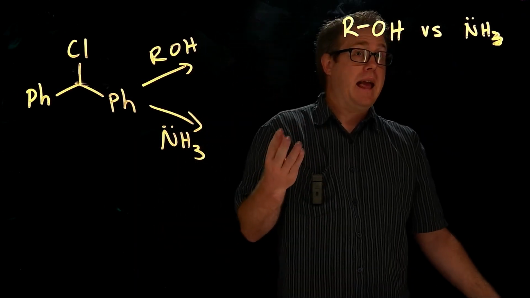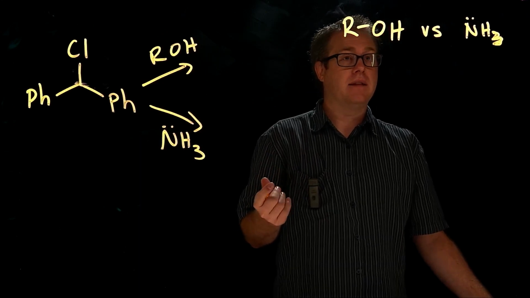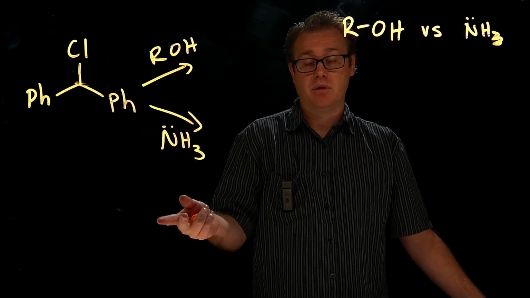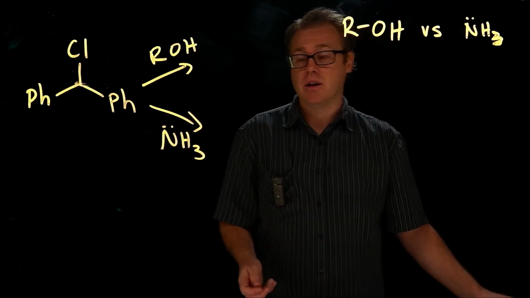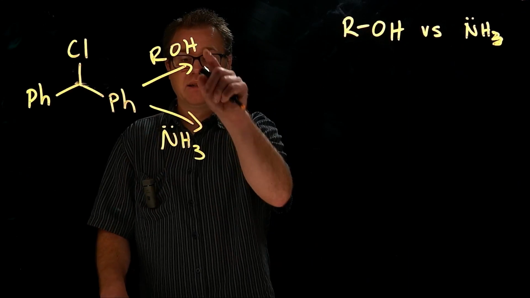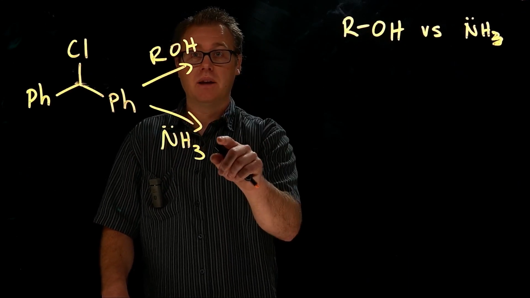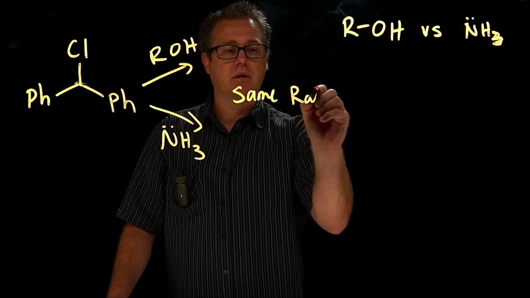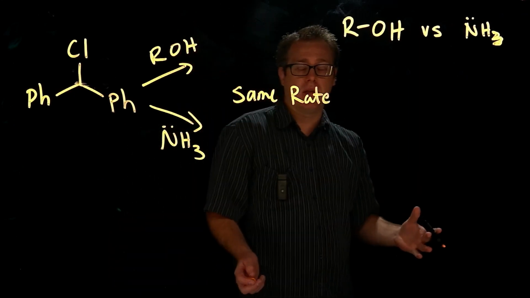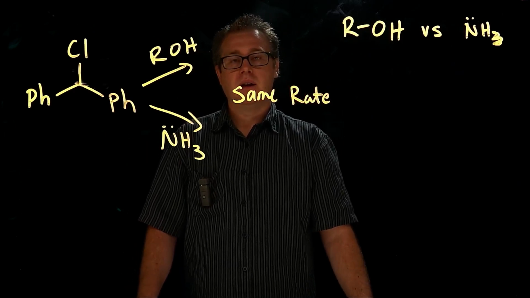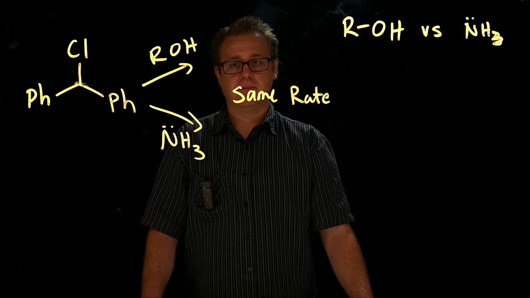Now, if you're thinking SN2, we've learned that the stronger the nucleophile, the faster the SN2 reaction will go. But with SN1, the rates of these two are the same. Same rate. The strength of the nucleophile does not influence SN1 reactions.